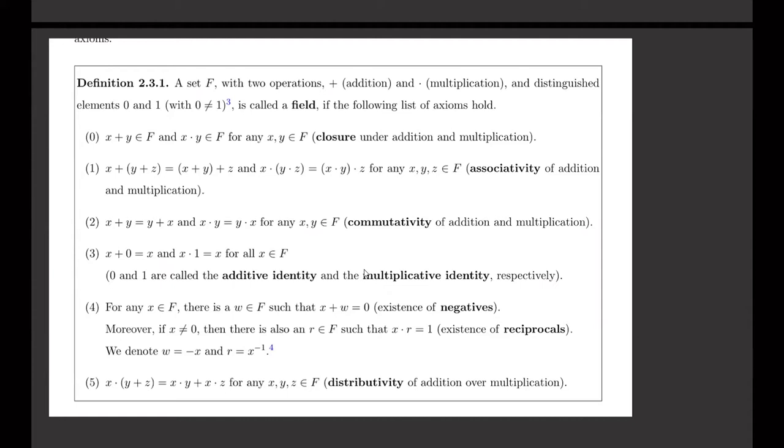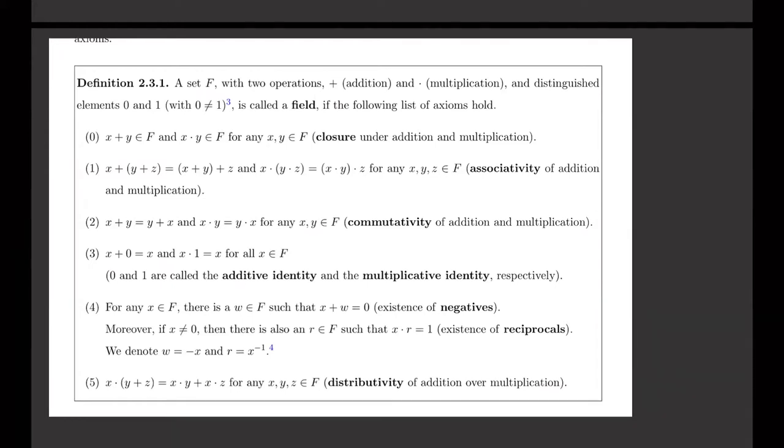Okay, so the first thing you will look at is whether it has an additive identity and a multiplicative identity. It has to have both of these. So that's the first thing I will look into to check whether it's a field. Existence of additive identity and multiplicative identity. The second thing I would look at is closure under addition and multiplication, which means if you pick two numbers in the set and you multiply or add them, it should still produce a number inside the set.